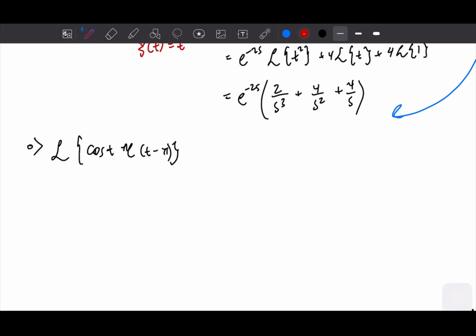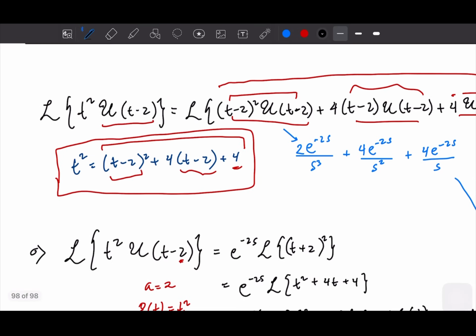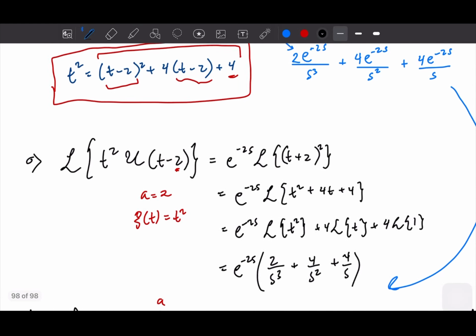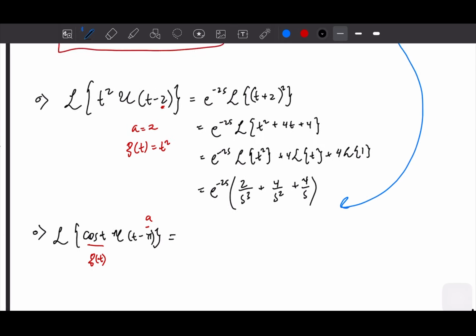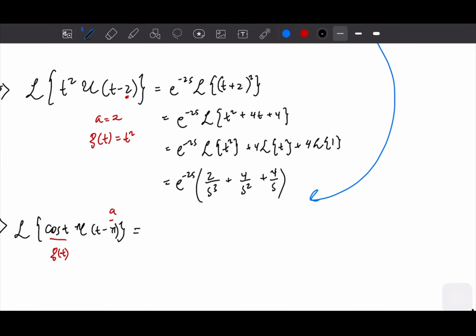Now, since we know that this is our g, this is our a, so we could identify that and write down, since this is t minus pi, we could write e.